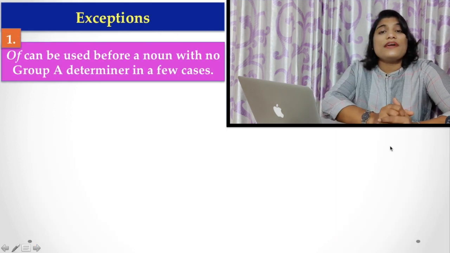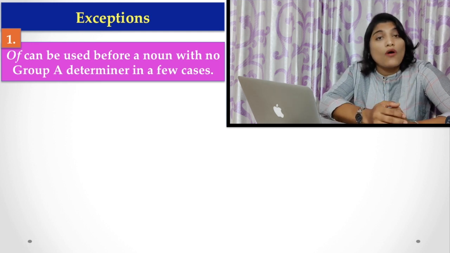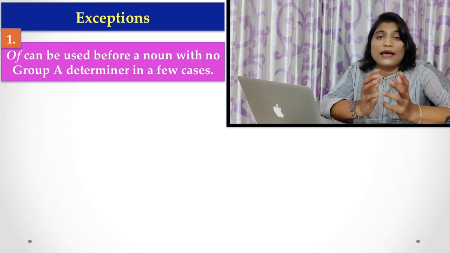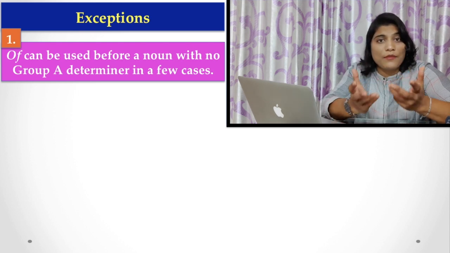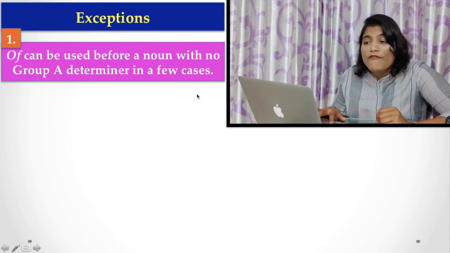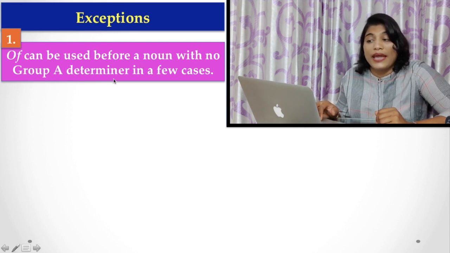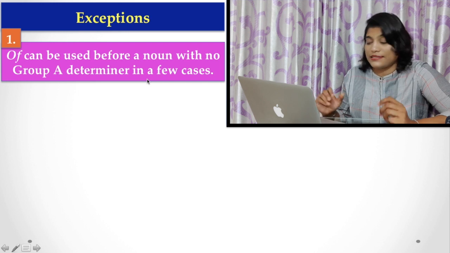Now, there are some exceptions while using "of" in the case of these two types of determiners, group A and group B. What are those exceptions? I am going to tell you now. "Of" can be used before a noun with no group A determiner in a few cases.